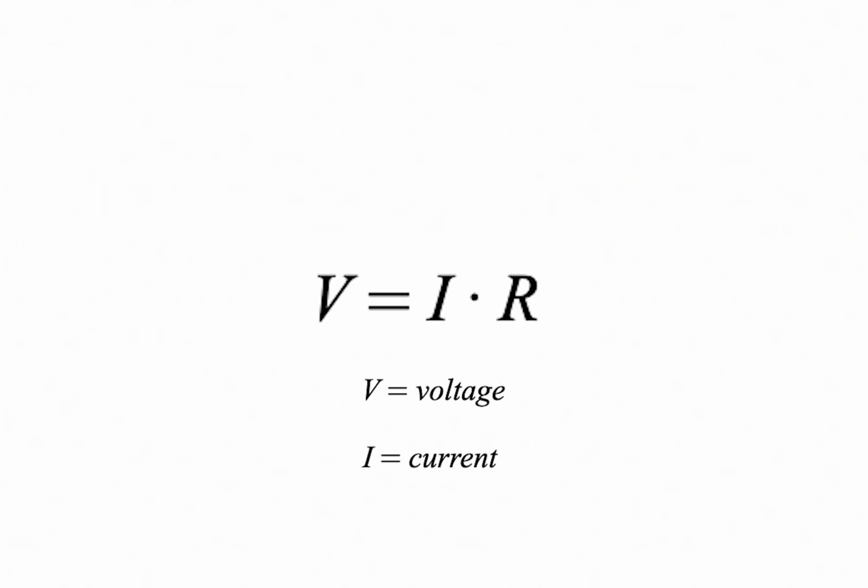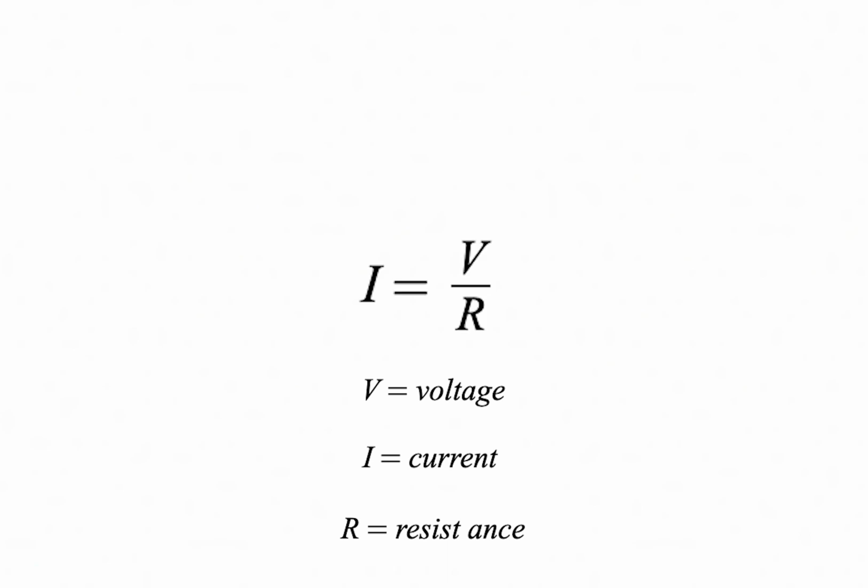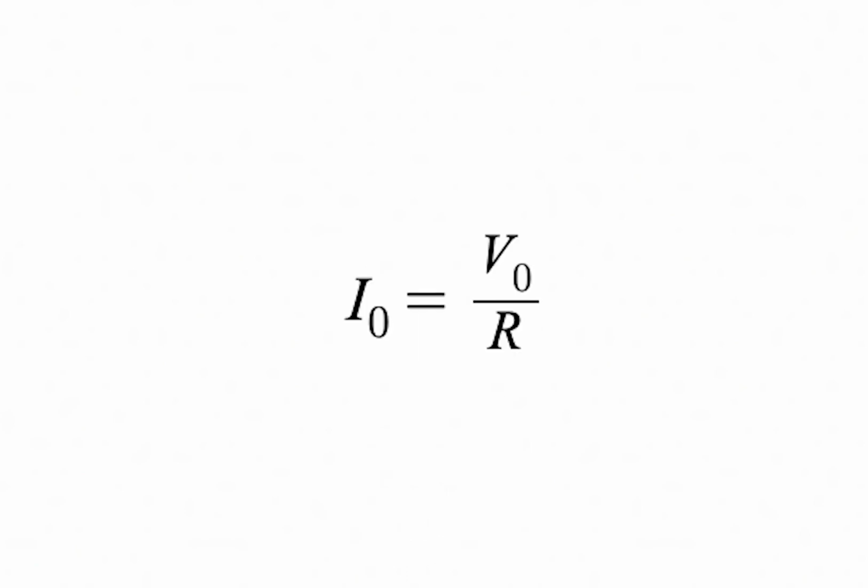Voltage can also be represented by this equation, V equals I times R, where V equals voltage, I equals current, and R equals resistance. If we rearrange it so that we are finding the current, we get I equals V divided by R. Thus, I subscript 0, which is peak current, is equal to the peak voltage, represented by V subscript 0, over the resistance.